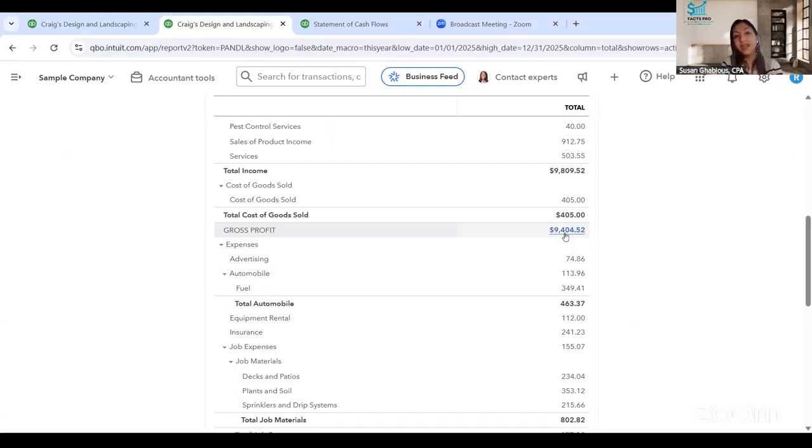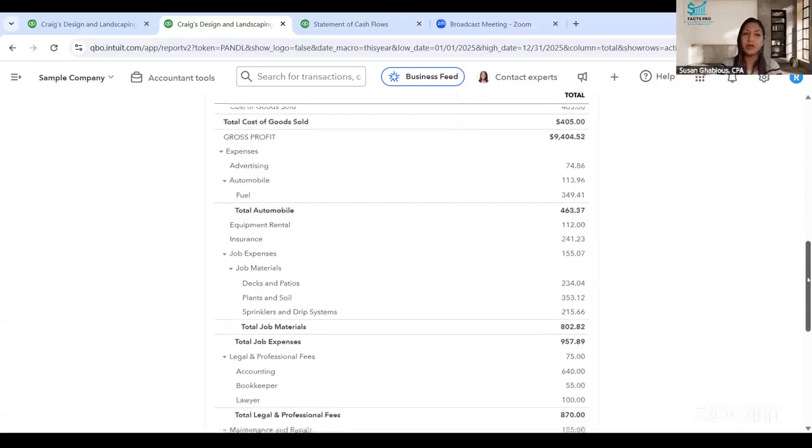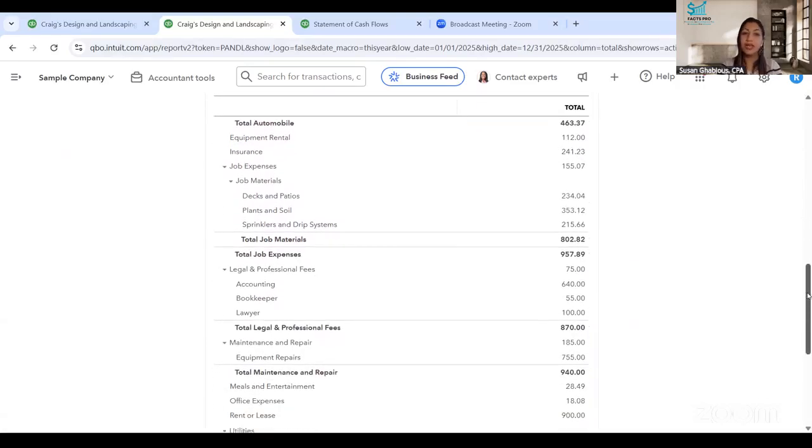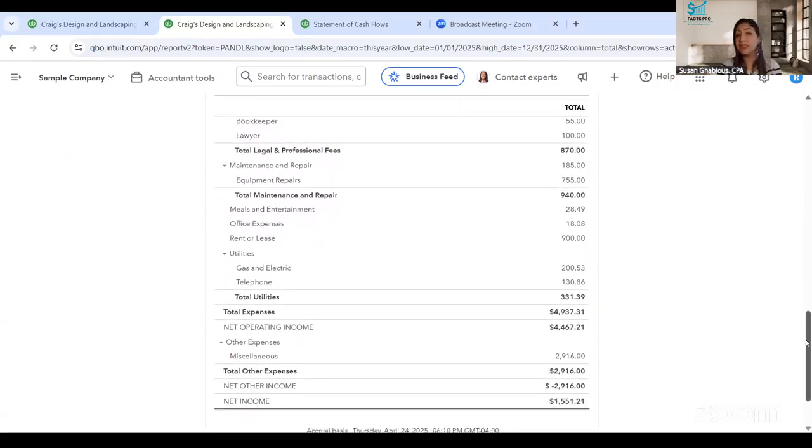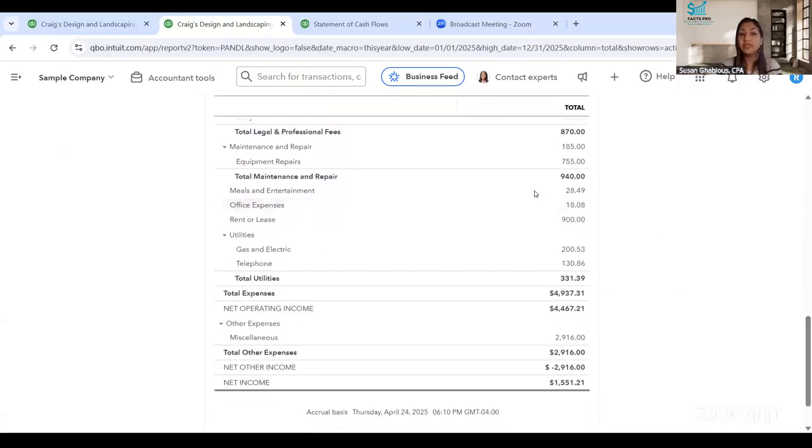And from there, I start to deduct my other operational expenses like advertising, auto expense, equipment rental, insurance, legal and professional, repair and maintenance, rent, utilities. All these are my operational expenses, and from the gross profit, I deduct all these expenses, I get to the net operating income. And there's usually another part for other income and expenses.